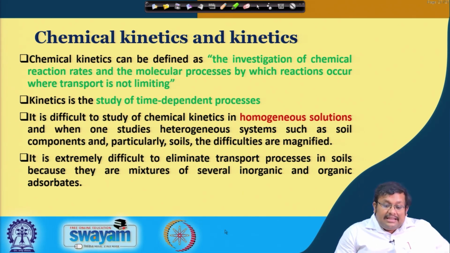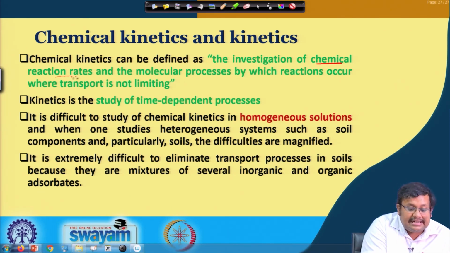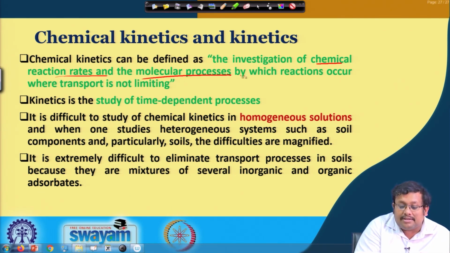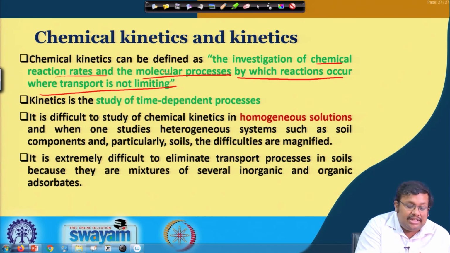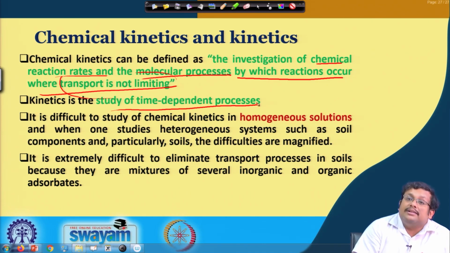Again, it is very important: it is the investigation of chemical reaction rates and the molecular processes by which reactions occur where transport is not limiting. So, given transport is not limiting, it is the rate of reaction occurring inside the soil, whereas kinetics is the study of time dependent processes.